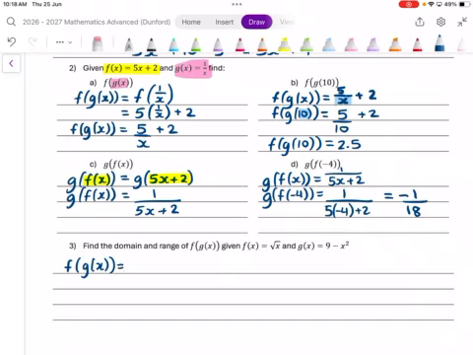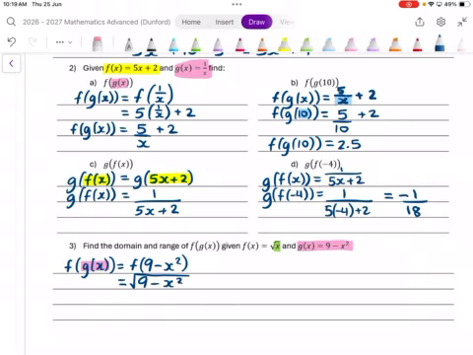That is f of 9 minus x squared. We're replacing our x in f of x with 9 minus x squared. So this is going to be the square root of 9 minus x squared.